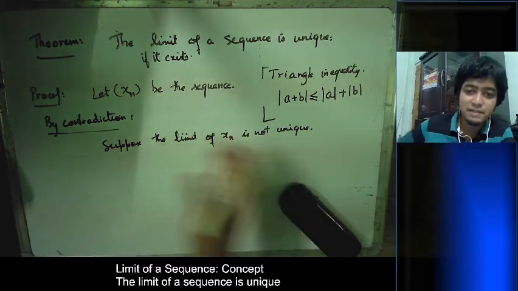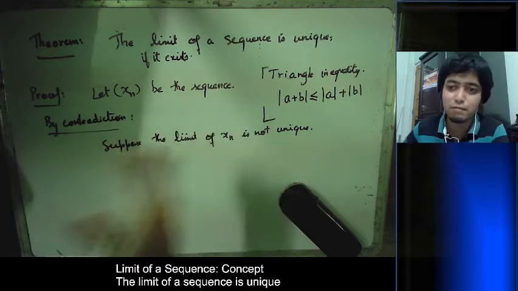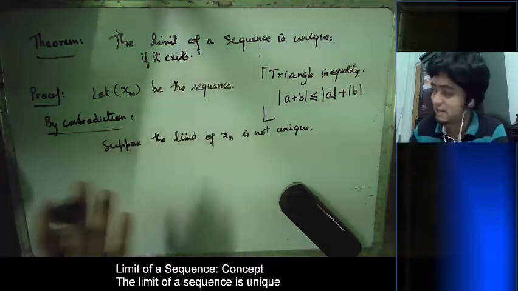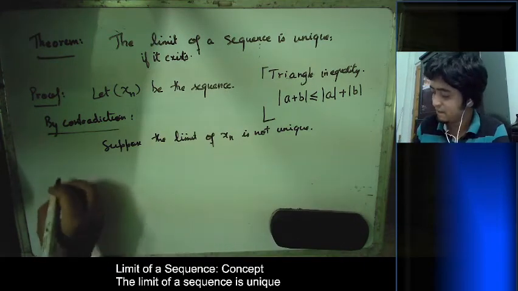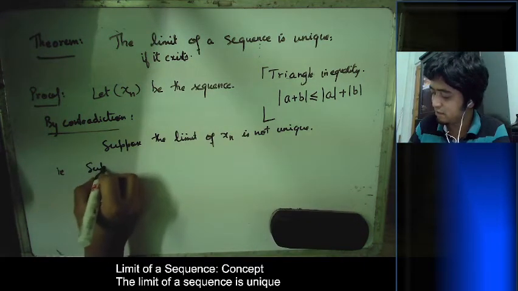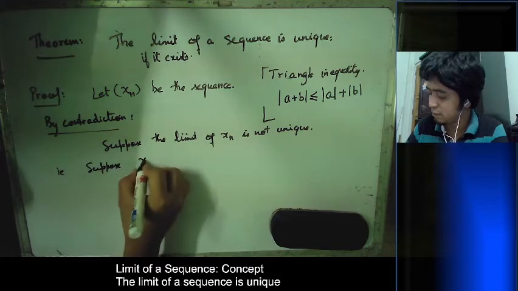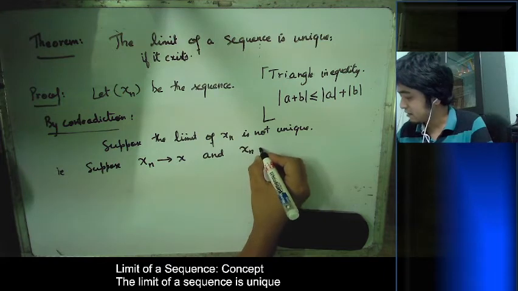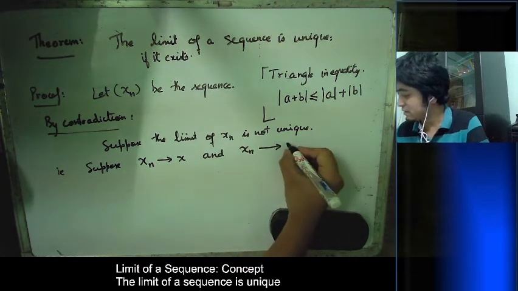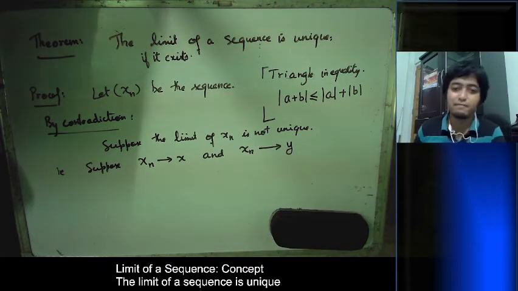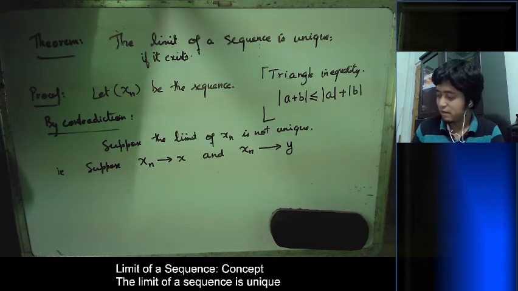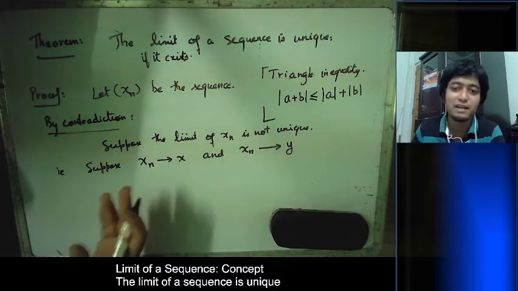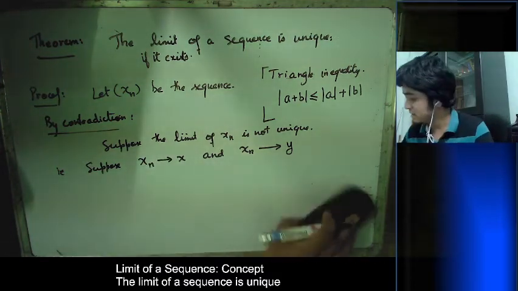Then, if it is not unique, that means there is more than one limit. Let's say that there are two limits. Suppose xn converges to x and xn converges to another real number, which is y. Suppose this happens. We will show that it is in fact impossible.